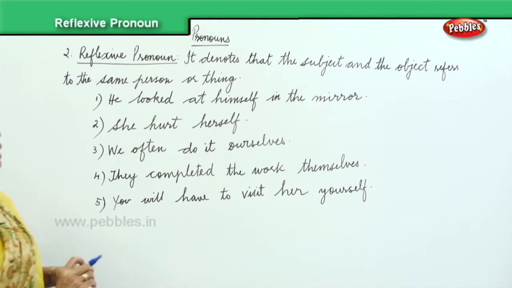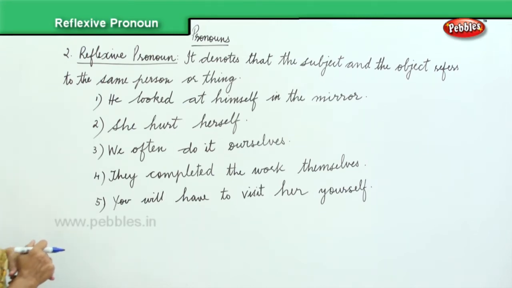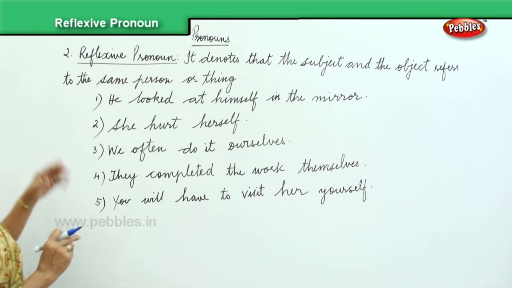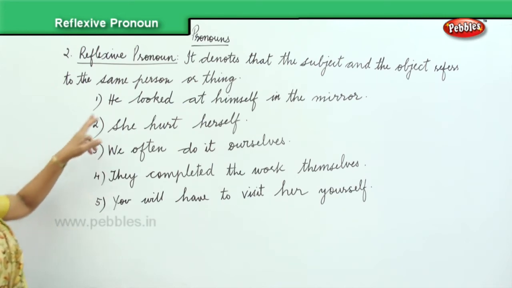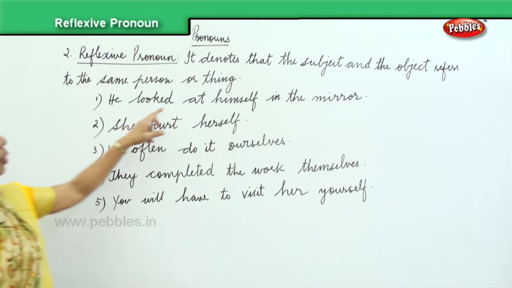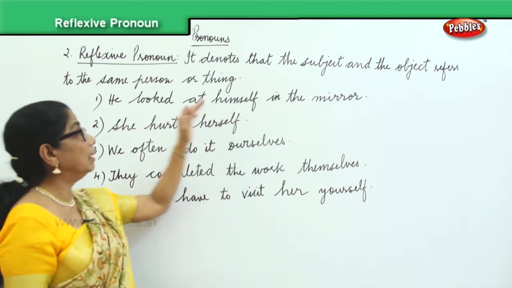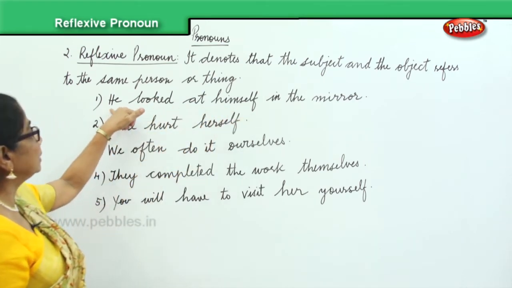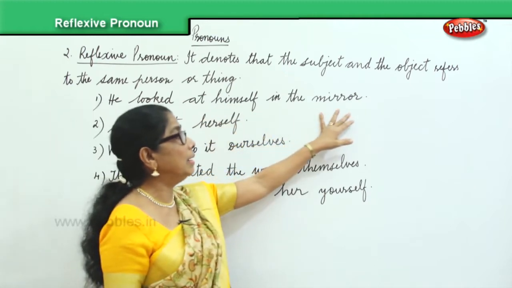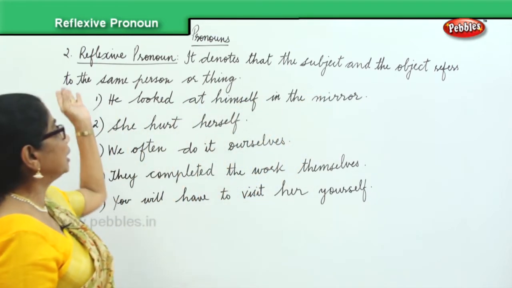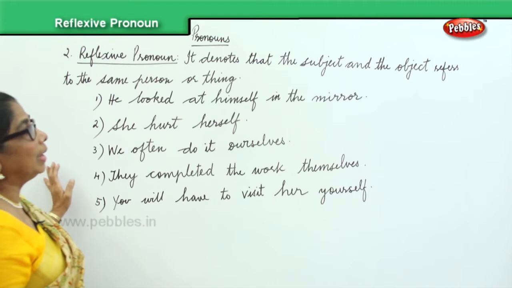We are talking about the second part of the pronoun, reflexive pronoun. Reflexive pronoun denotes that the subject and the object refers to the same thing. He looked at himself in the mirror. The subject is he, object is mirror. So what is the subject doing? He is looking at where?